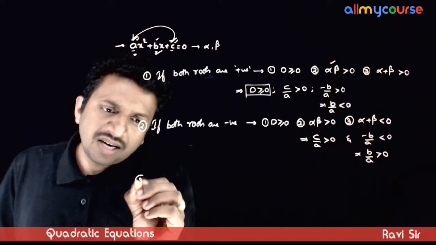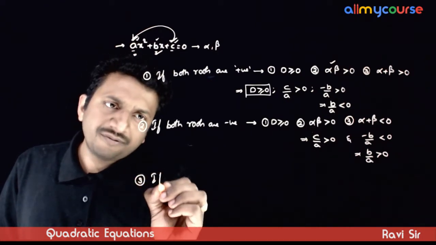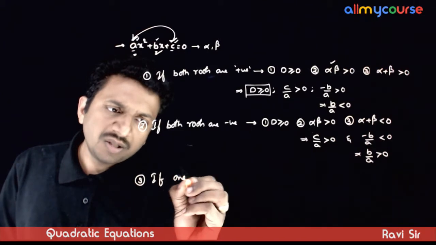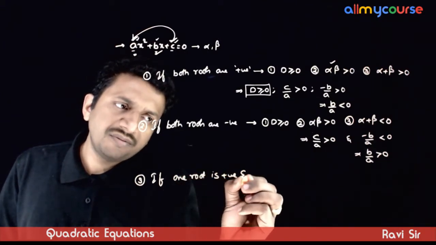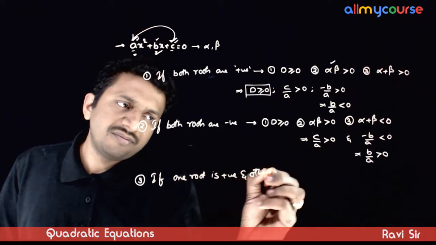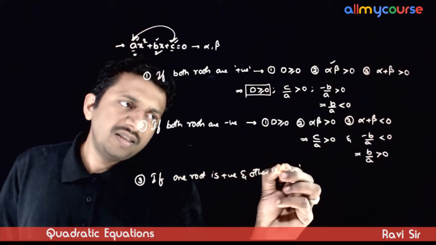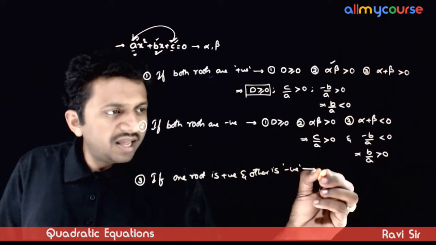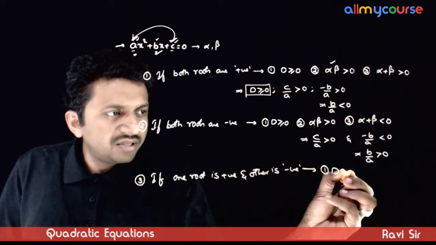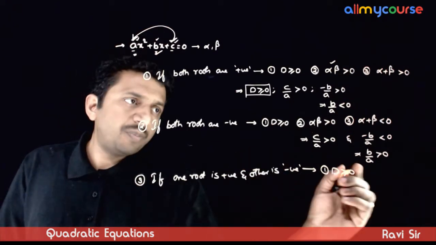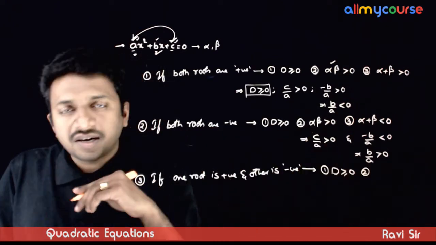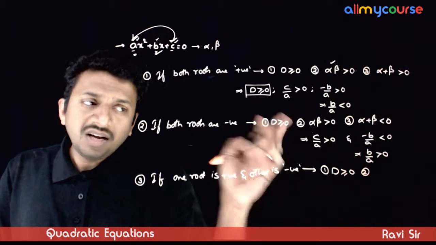Next, the third condition is if one root is positive and the other is negative, then what is the condition? Again, D greater than or equal to 0 is a general condition which is always valid. So D has to be positive. Second, alpha into beta.